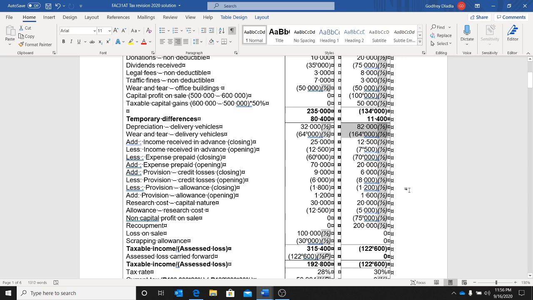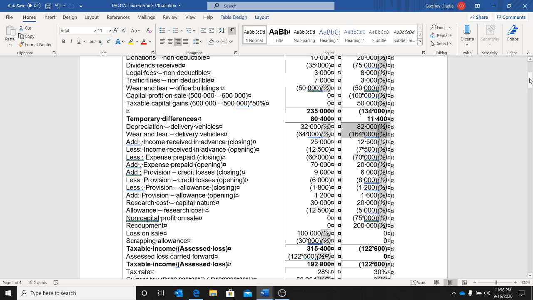Now some of you sometimes might struggle to understand this. 82 minus 164 gives me 82, which is a minus. If it is a minus, it is now taxable. Taxable equals liability. Liability, credit the balance sheet, debit the income statement.